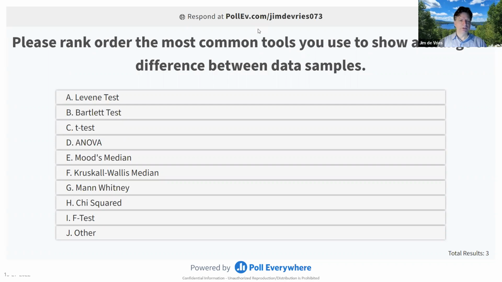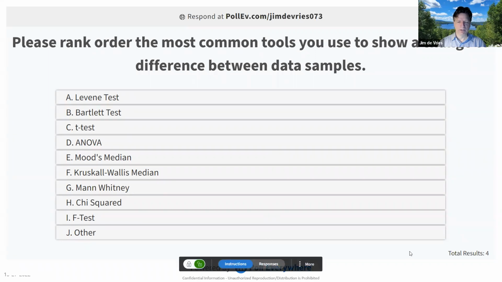So just choose your top 4 or 5 go-to tools and rank them using the arrow on the left. If you highlight Levene's or something, there'll be an up or down arrow. Just choose one of those to move it.